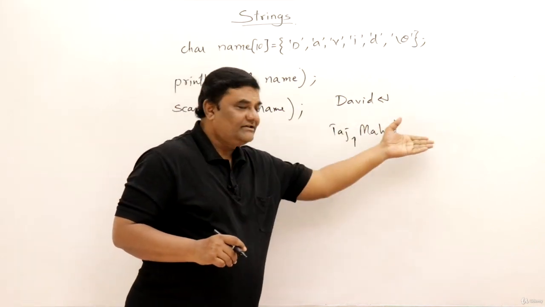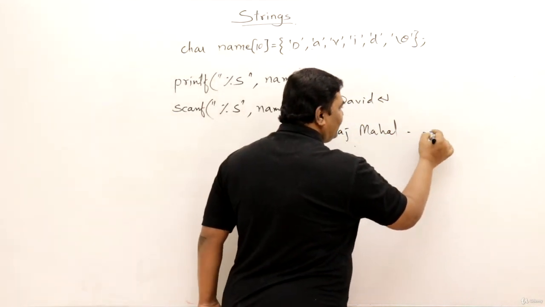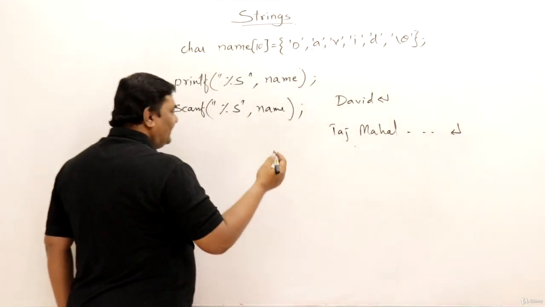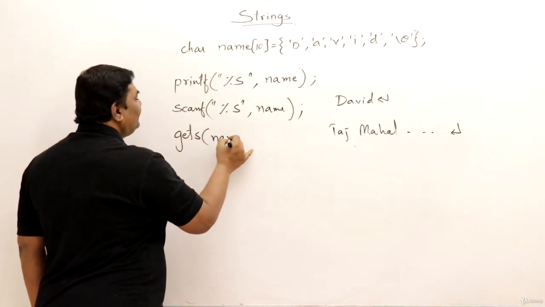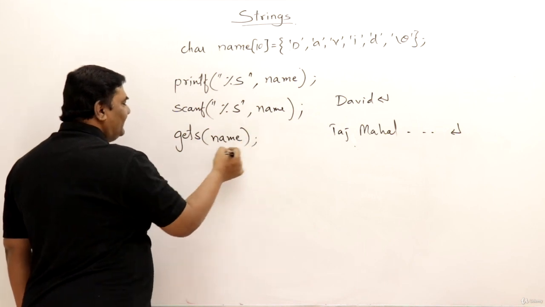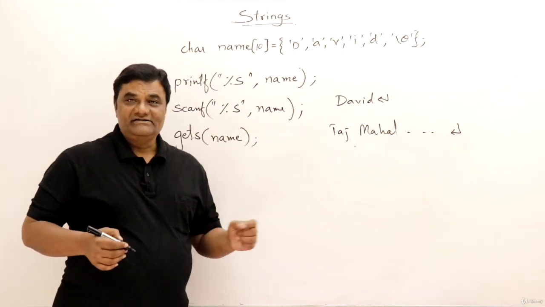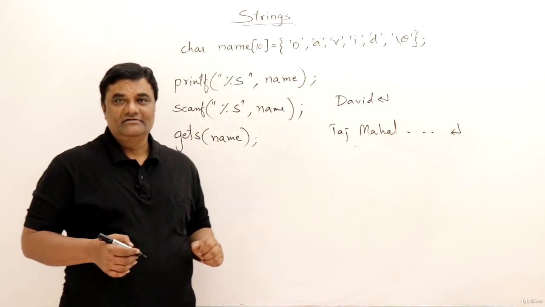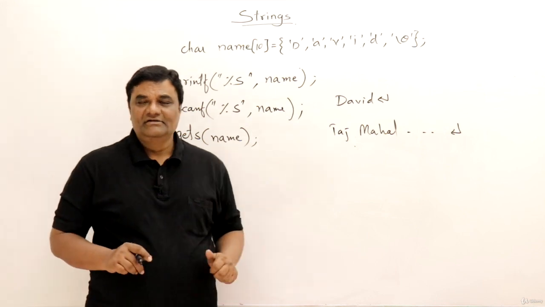It cannot take the remaining words. So if you want to read all the words till you hit enter, you can use a function called gets and give the array name. So gets, get string, is a function for reading an entire string until you hit enter. So the problem of scanf can be overcome with gets.